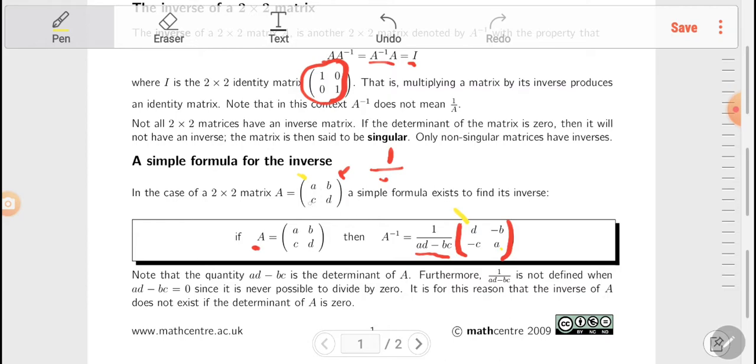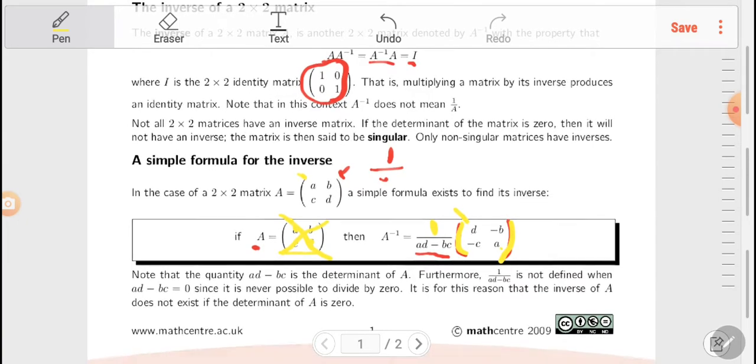B stays as it is and C stays as it is, both with a negative sign. So the inverse matrix for any matrix A, B, C, D is the matrix with D here, A here, negative B, negative C, multiplied by 1 over AD minus BC.